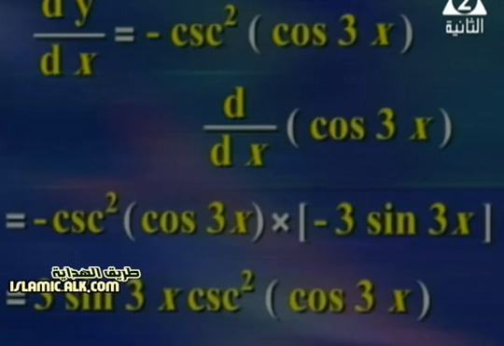Why? Because the differentiation of cosine is negative sine. Then the answer is 3 sin 3x cosec squared (cos 3x).